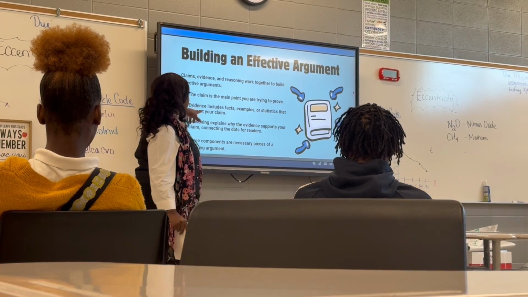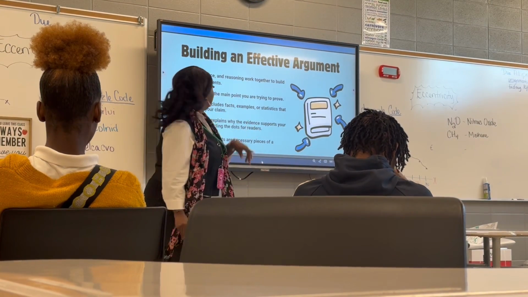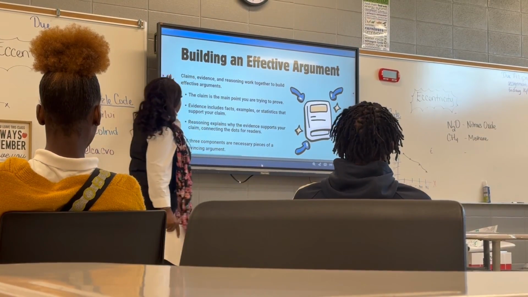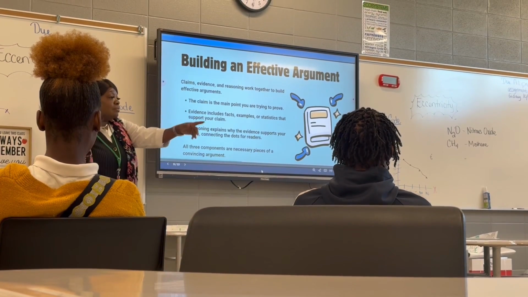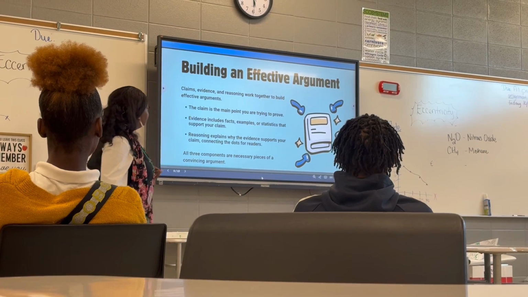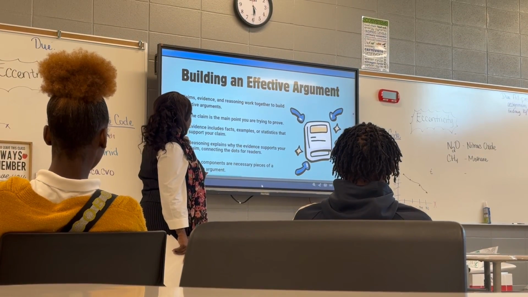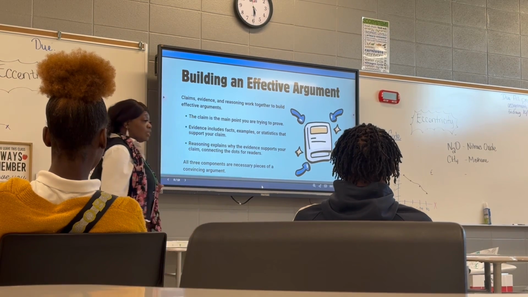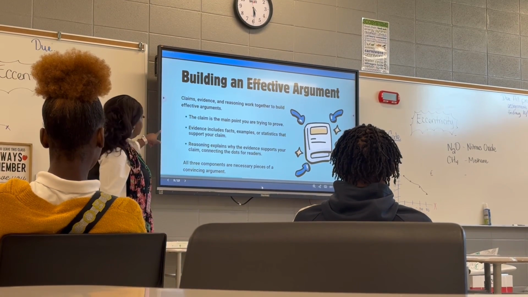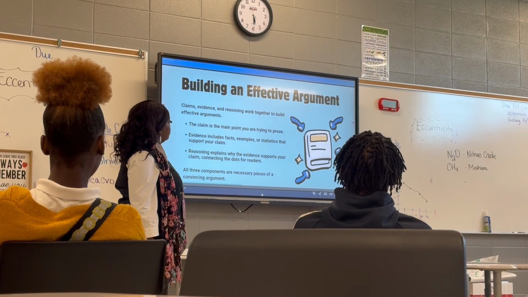Can I get a volunteer? Build an effective argument. Corday, can you read this first piece for me, please? Read for me, baby. Claims, evidence, and reasons are combined to build effective arguments. Okay, go ahead. The claim is the main point you are trying to prove.